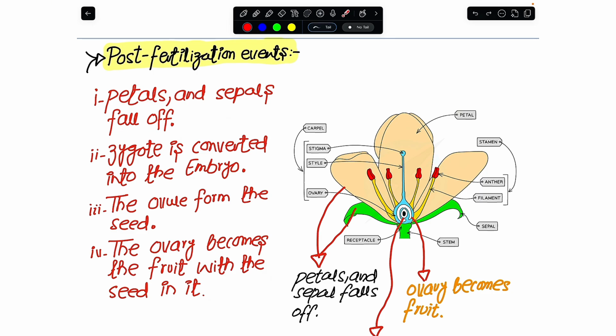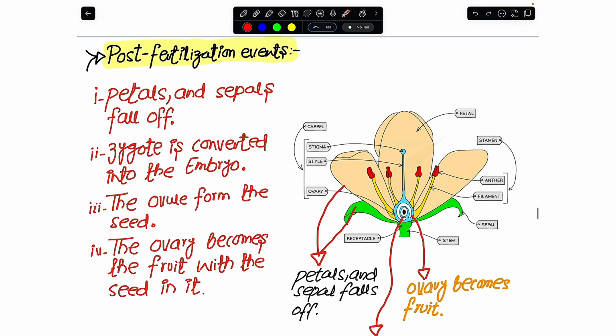The zygote that we made as a result of the fusion of the male and the female gamete, due to mitosis, would be converted into a tiny plant, that would be the embryo. The ovule would convert into the seed, and the ovary would make the fruit, and we know the fruit would have the seed in it.